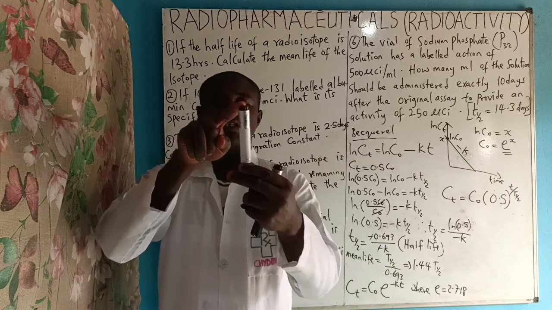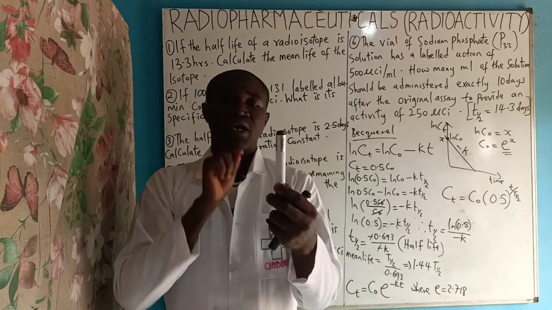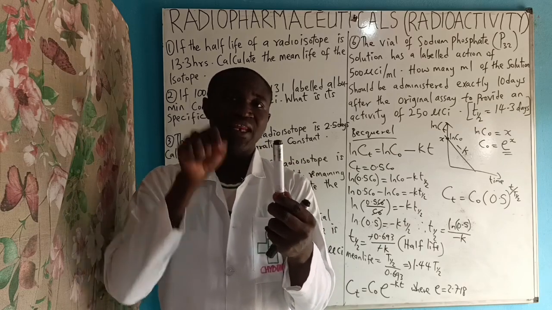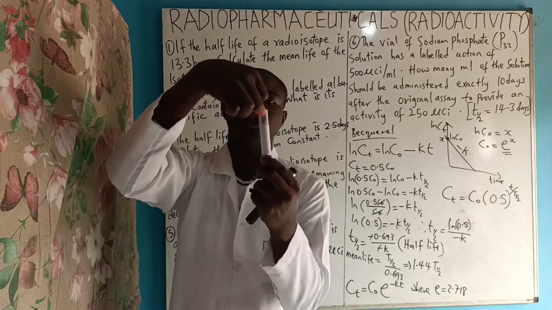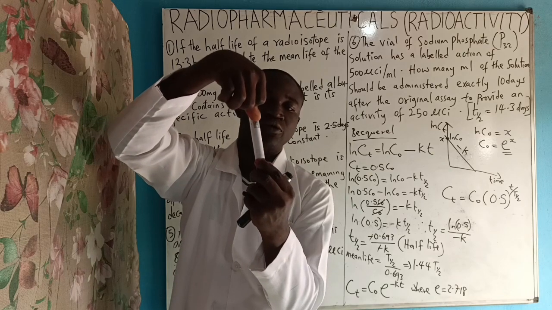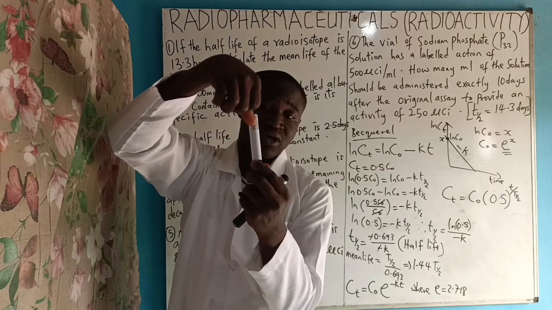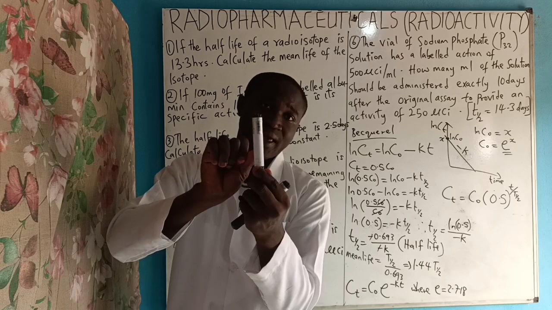You will notice that if this is a radiopharmaceutical product and the half-life is 10 days, then in 2 days only a small portion of it will decay. That means not up to half of it will decay.